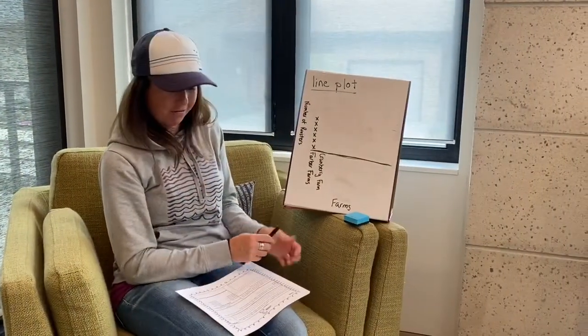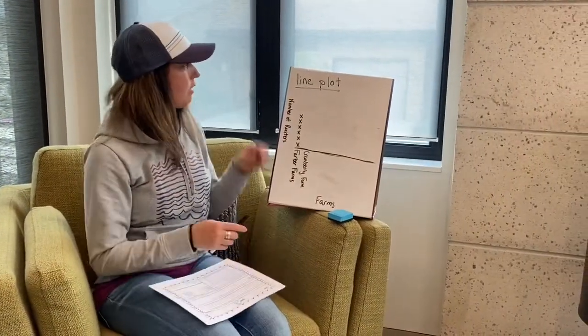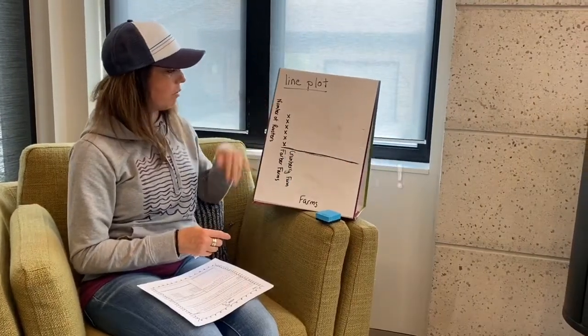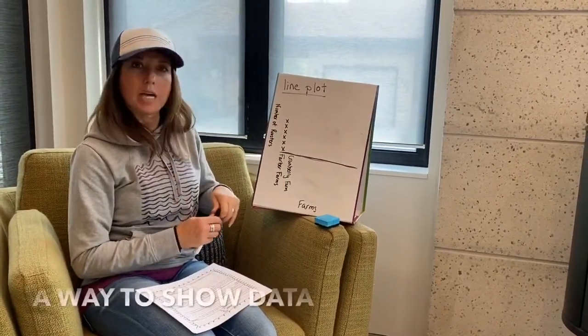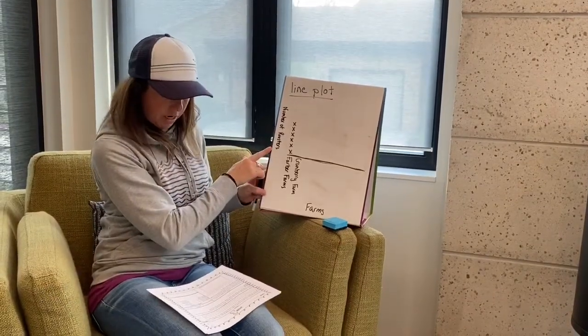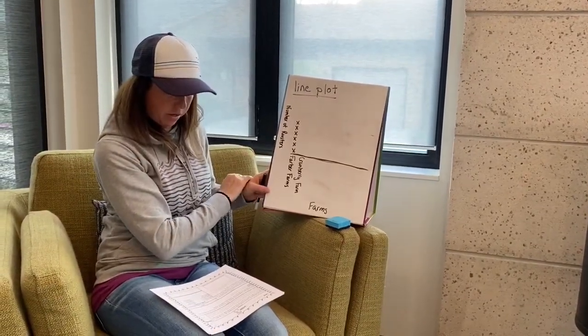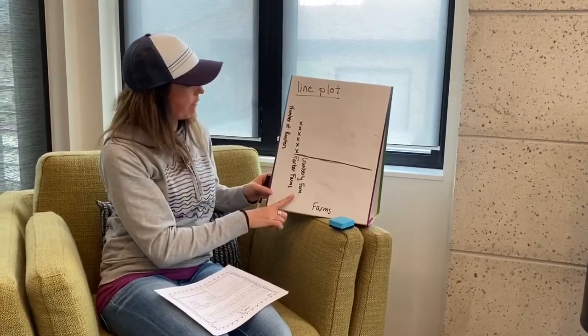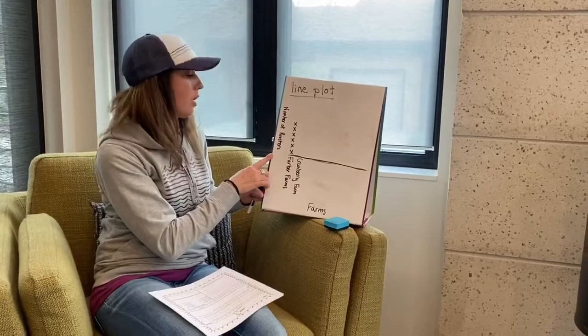On Thursday, you are asked to create a line plot. So remember, line plot is a way to show data. So it is asking you to record the data involving different farms and the number of roosters.